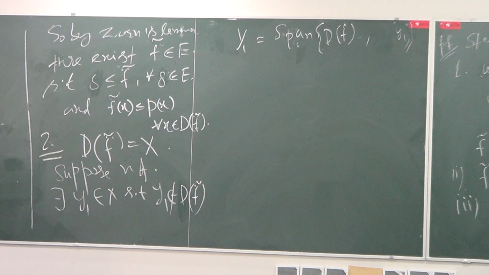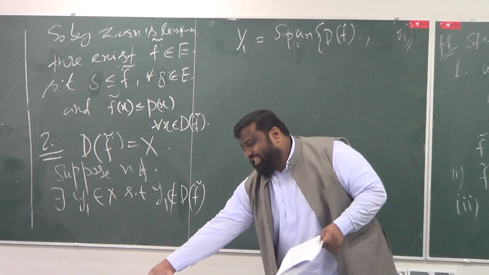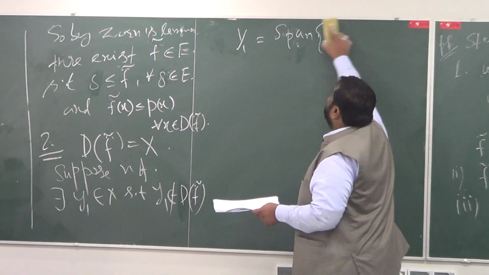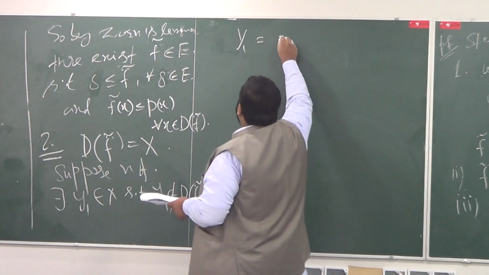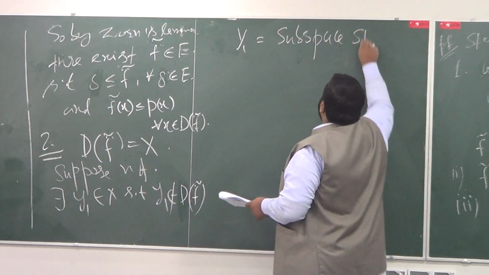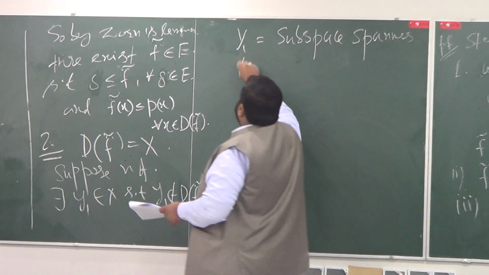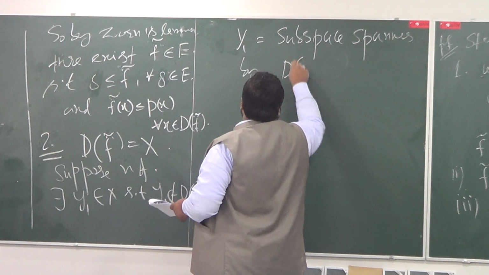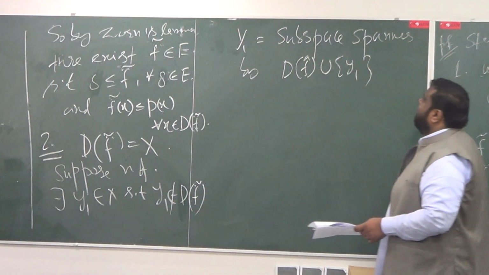So it's better to write it in words. Let's say that y1 is a subspace spanned by the union of the domain of f tilde and y1.